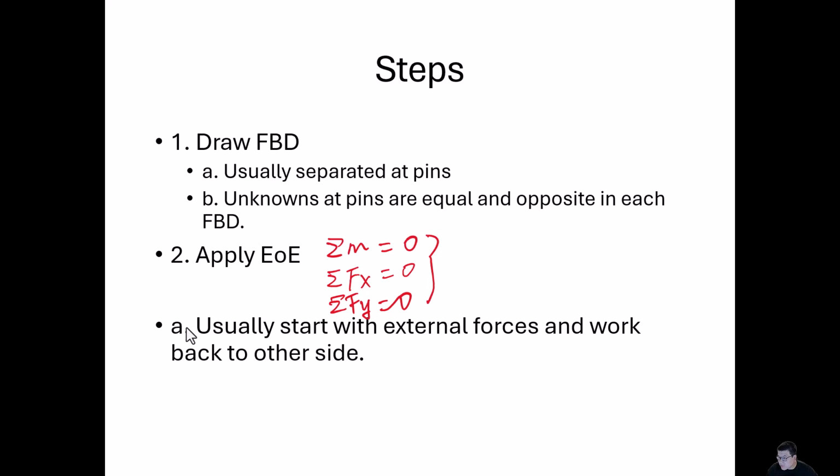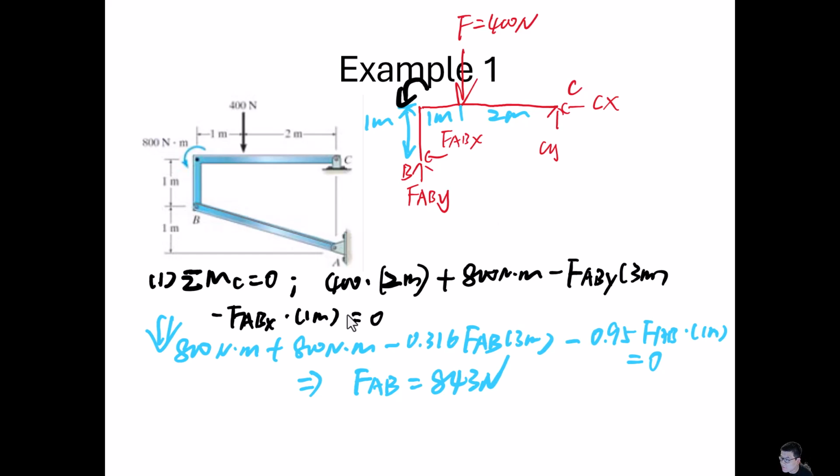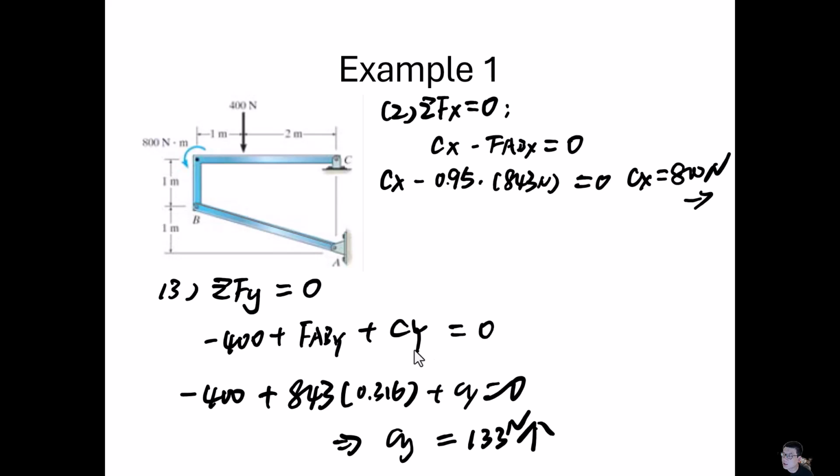As we discussed before, we also need to solve the other part, which is part AB, and the unknown at the pins are equal and opposite in each. So we already solved FAB, which is this number, and the FAB on member AB will be the same, but just in different direction, okay?